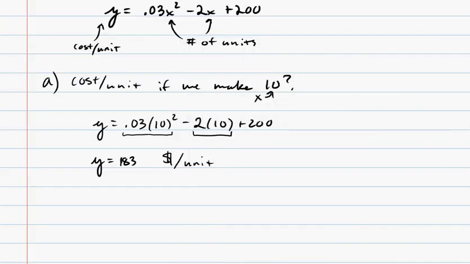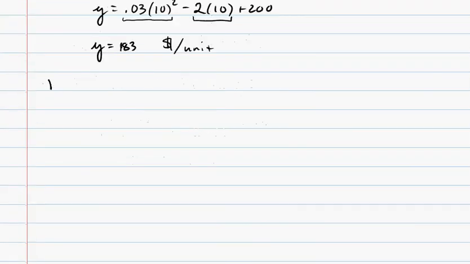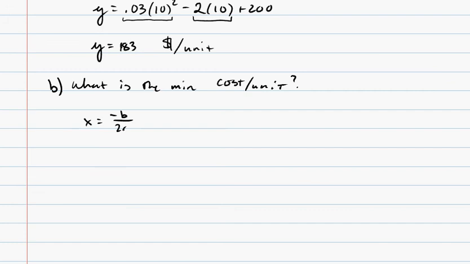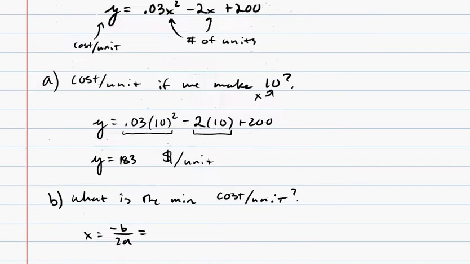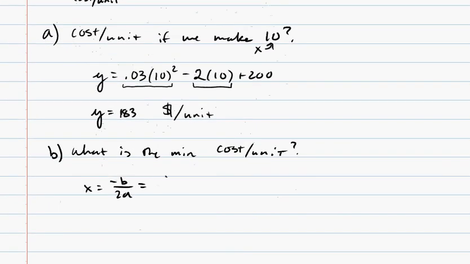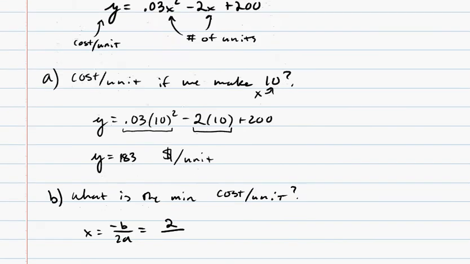And if you remember, the min-max trick will be able to get us to that point right away. So the question might be, what is the minimum cost per unit? Okay, and that trick is negative b over 2a. So in this case, b is negative 2, so we would put positive 2 over there, all over 2a.